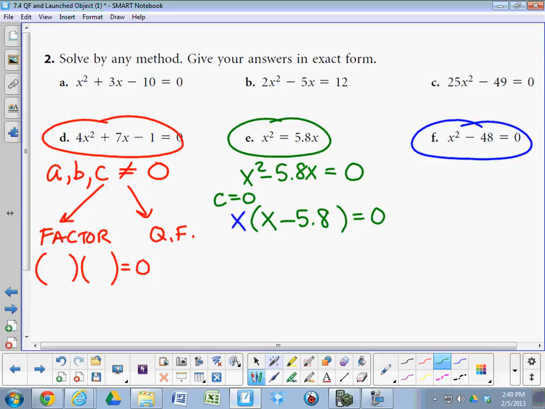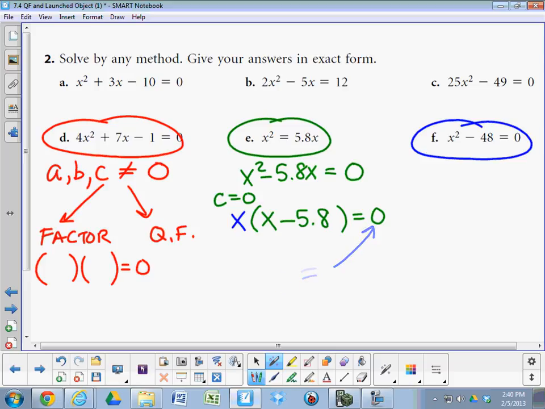Here's how you finish it up. This next part's called the zero product property. I mentioned it when I did the red part, but here I'll show you what I mean. The zero product property basically means that if A times B equals 0, what could be 0?